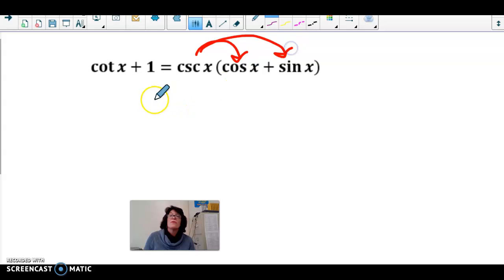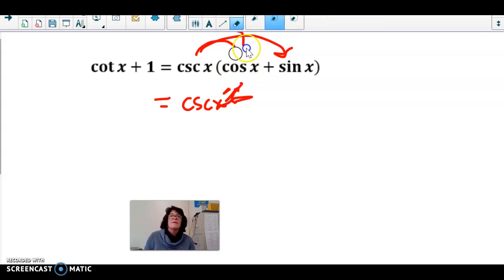Let's distribute through. Cosecant, which is what, 1 over sine? Oh, well, right now I'm just going to distribute just like I would if it was any problem that I have outside parentheses. Sorry, let me erase this.